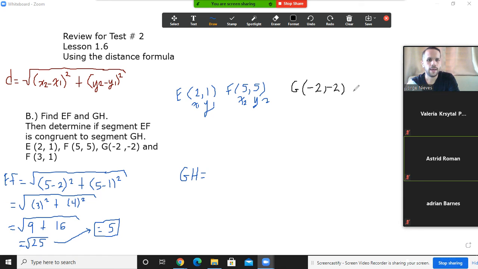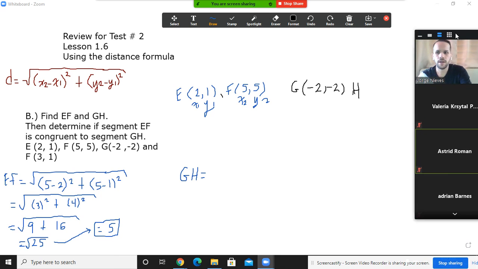Okay. And H has coordinates of, who can tell me? Yo escribí 2 veces lo mismo, I'm sorry. H. ¿Cuáles son las coordenadas de H, mi gente? Thank you. Okay.